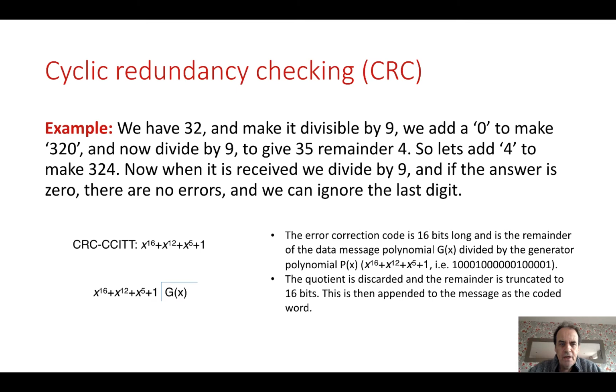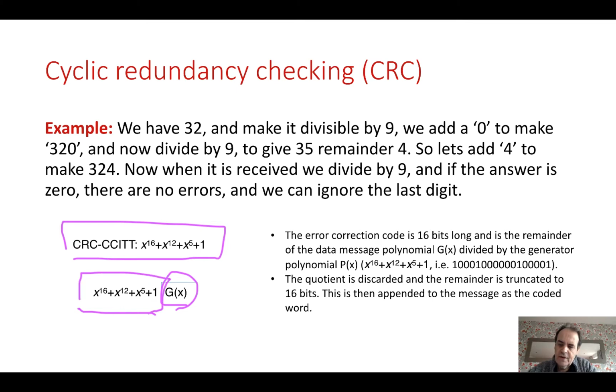Okay, so a common one that we actually use is this one here: x to the 16 plus x to the 12 plus x to the 5 plus 1. So what we do is we take our message data and then we add on some extra bits, and then we do our divide and find out what the remainder is.